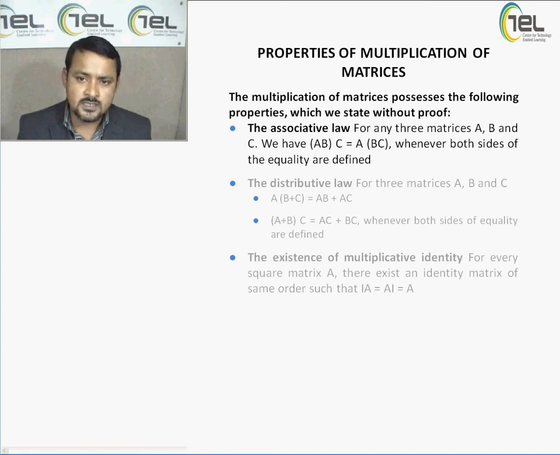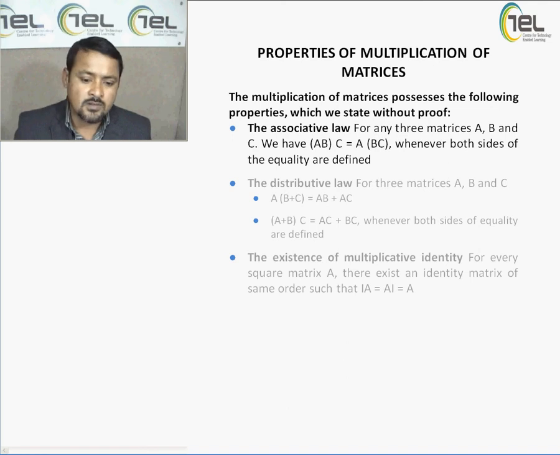A plus B plus C is equal to A plus B plus C. Of course, under the bracket here, if there are three matrices A, B and C, we multiply AB, then multiply that with C, it will be exactly equal to A multiplied by BC. So this is an associative law that AB multiplied by C is equal to A into BC.